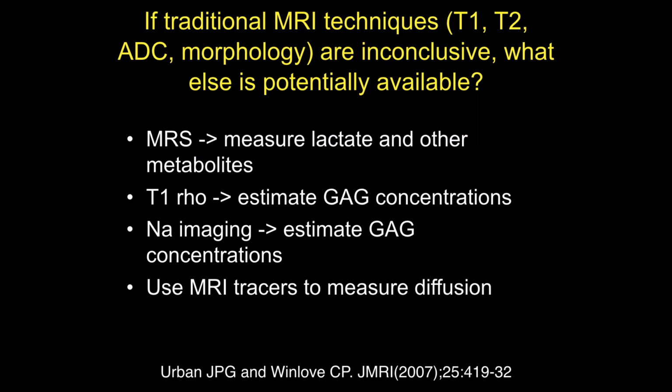So if traditional MRI techniques such as T1, T2, ADC values, and morphology are not really conclusive, and multiple studies show that they don't correlate very well with pain in the lumbar spine, what else is potentially available when it comes to MR findings? One of the things we've worked with in the past is magnetic resonance spectroscopy to measure lactate values and other metabolites within the spine.